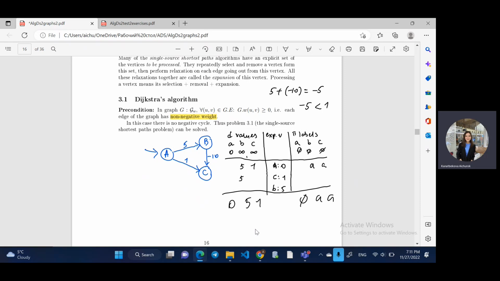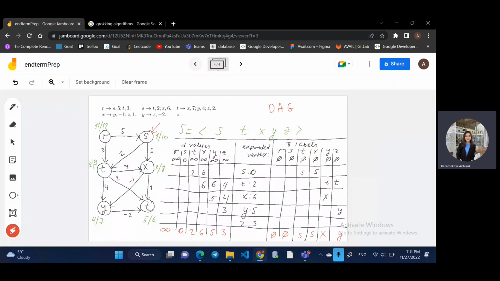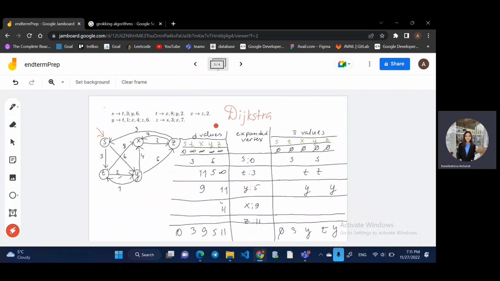Okay, so yesterday when we were solving this Dijkstra's algorithm, I wasn't quite sure about some places.